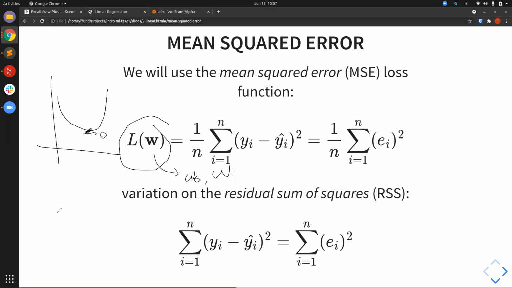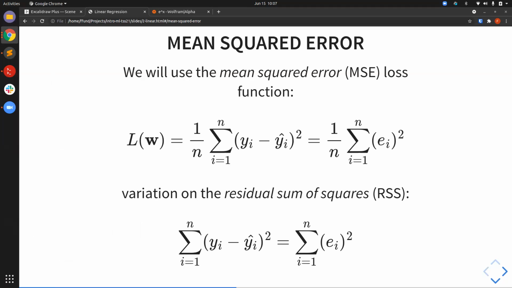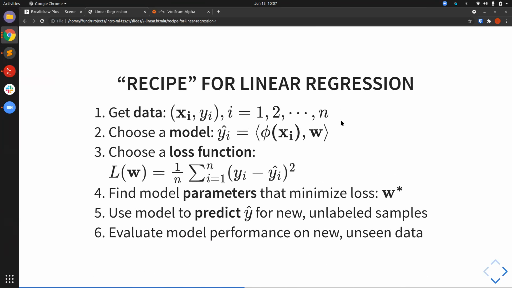So we're going to take the partial derivative of L with respect to W0 and set it to 0. And take the partial derivative of L with respect to W1 and set it to 0. Now we're actually going to have two functions. These make up a vector, which we'll call the gradient. Two functions, two unknowns that we're trying to optimize for, W0 and W1. And so then we can solve for W0 and W1. So let's go ahead and do that.